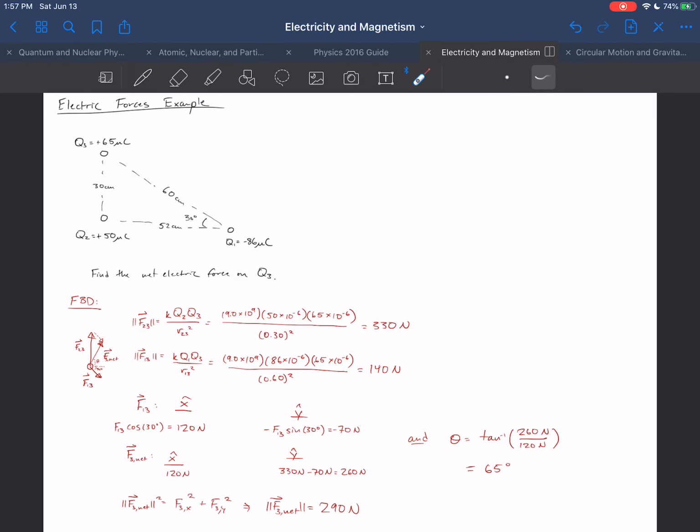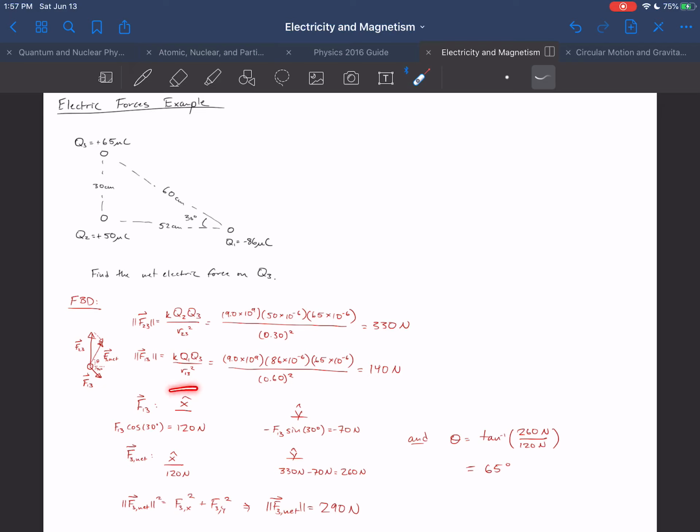A similar technique can be used to solve the other two problems. But big picture here, how did we do it? Well, the first thing we did is we used Coulomb's law to get the length of the two original forces, and then we decomposed both forces. F13 was a little bit challenging to decompose because that angle is 30 degrees. F23 didn't really need to be decomposed because it was all vertical to begin with.